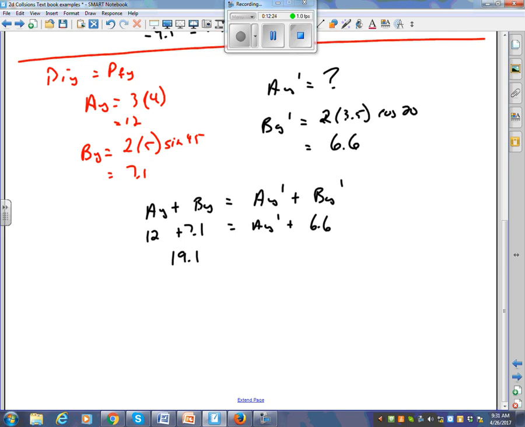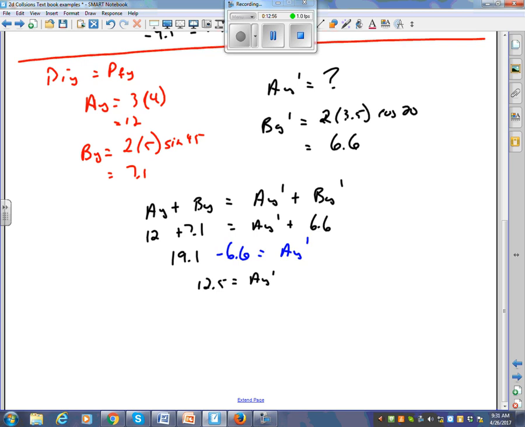Are they all positive? They should be because they're all moving north, right? How about I do this? Save a step. Take that to the side. So you get 19.1 minus 6.6, 12.5 is Ay prime.